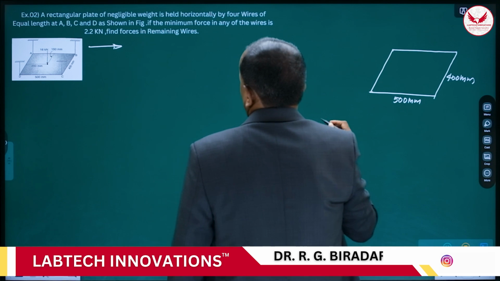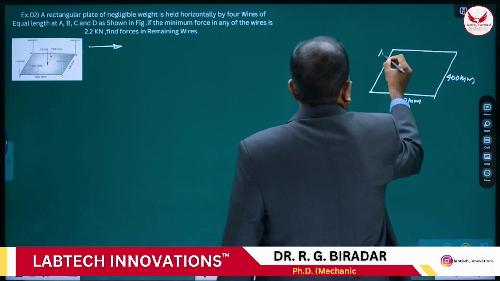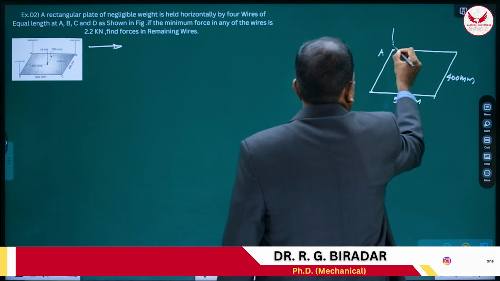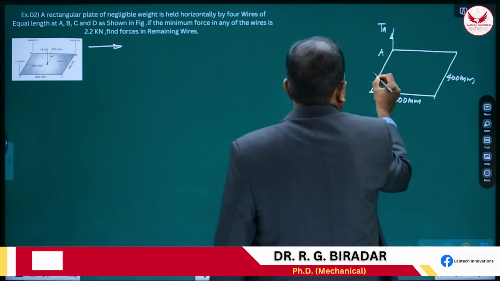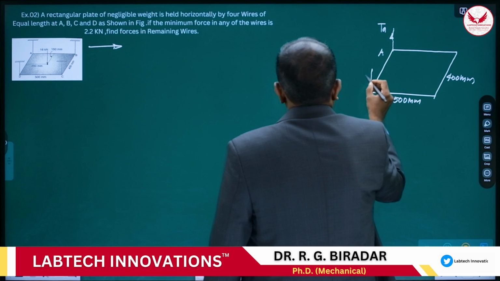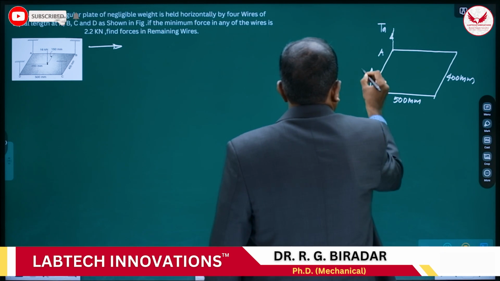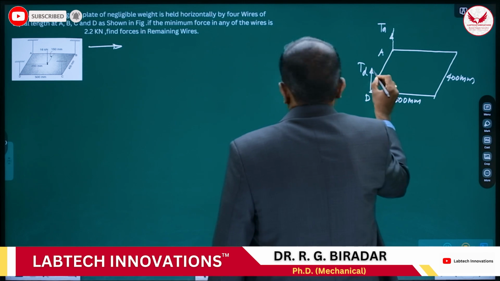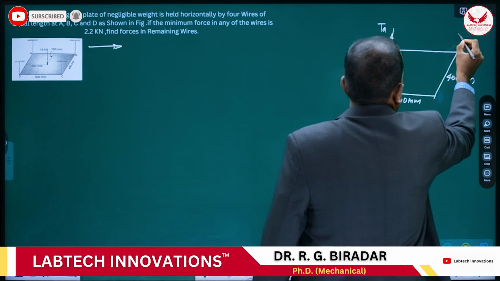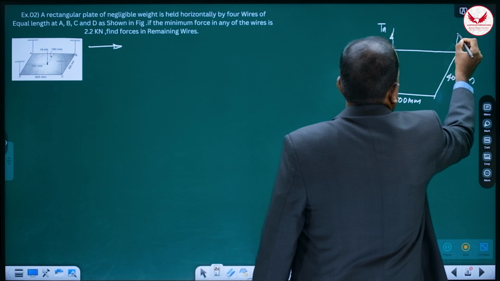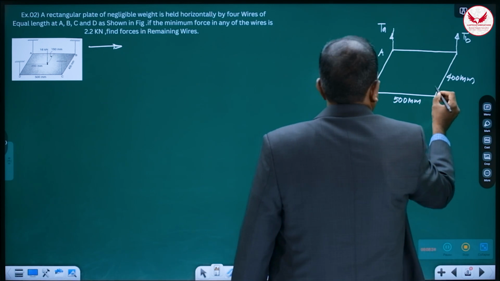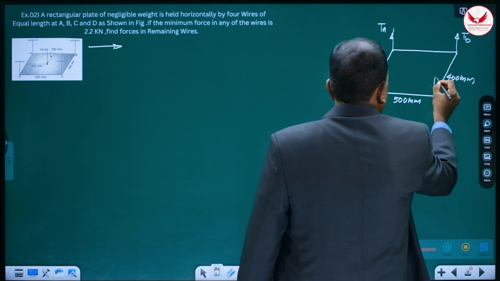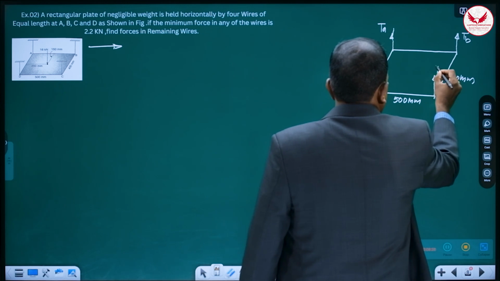If we cut all these cables, we'll get at A, this is going to be a tension at A, this is TA, it is D, it is TD, it's a B, it is TB, and it is C, it is TC.